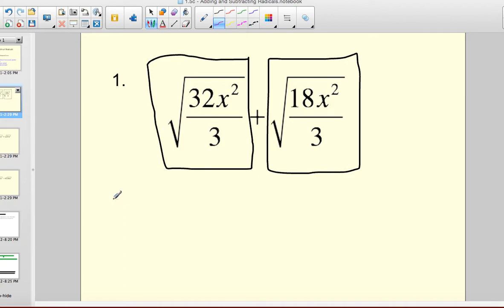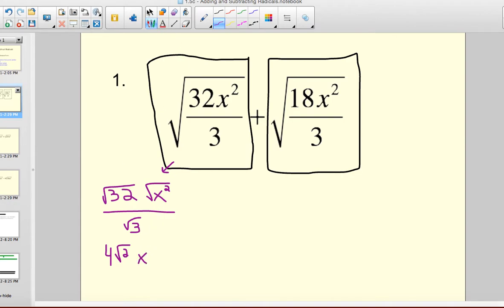So we're going to break this up into the root 32 and root x squared, and then over root 3. And that's just this one over here. Root 32, you can probably see you can take out a 16, so the square root of 16 is 4. That leaves you with the square root of 2. And the square root of x squared is just x.